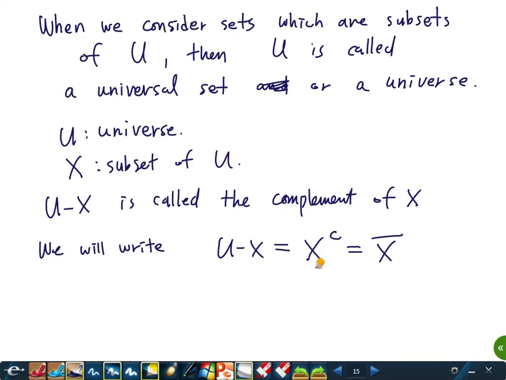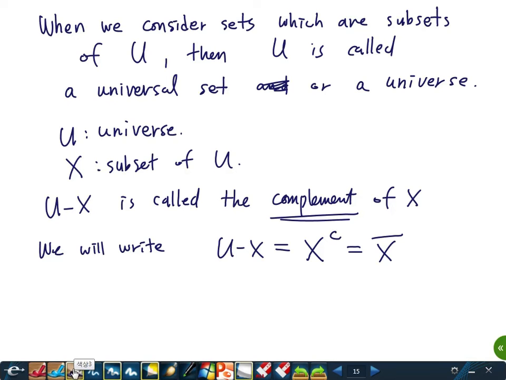They mean complement, which is defined to be the set U minus X. So when we talk about the complement of something, we must have the universe already defined. Without this universe, this doesn't make sense at all.